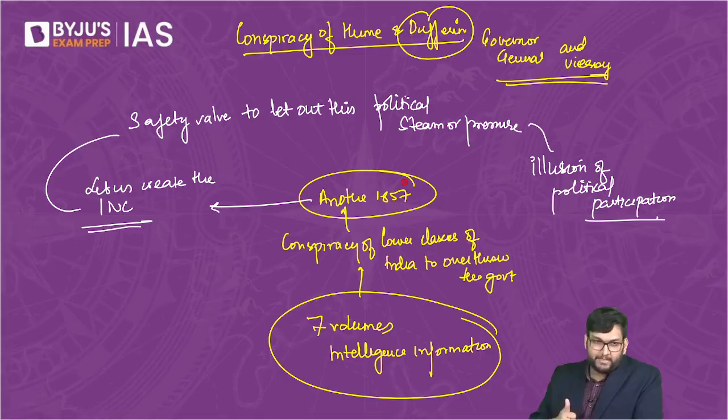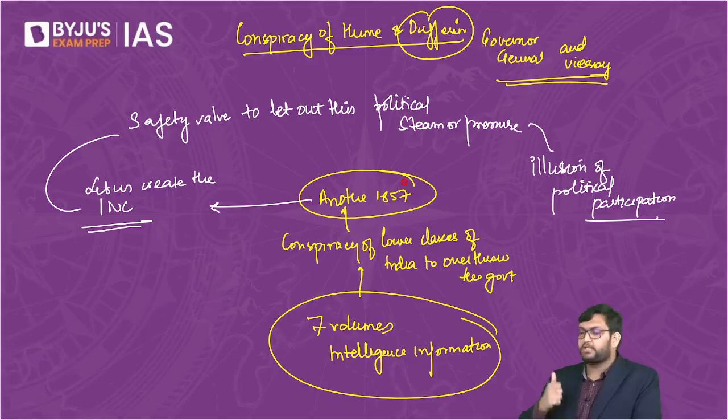Wedderburn writes the biography of the INC, a biography of A.O. Hume. A.O. Hume was instrumental in the first meeting of the INC. Hereafter, Wedderburn is going to write a biography.